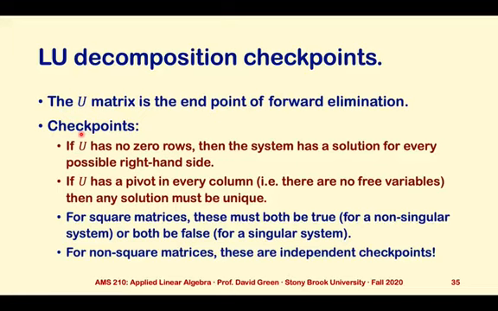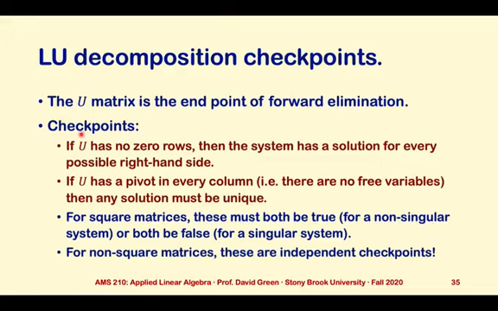We've discussed before how at the end of forward elimination, we have all of the information we need to know what kind of solutions we have. We won't know the solution until we apply back substitution, but we know at the end of forward elimination if we have a solution, if it's unique, or if there are multiple solutions.